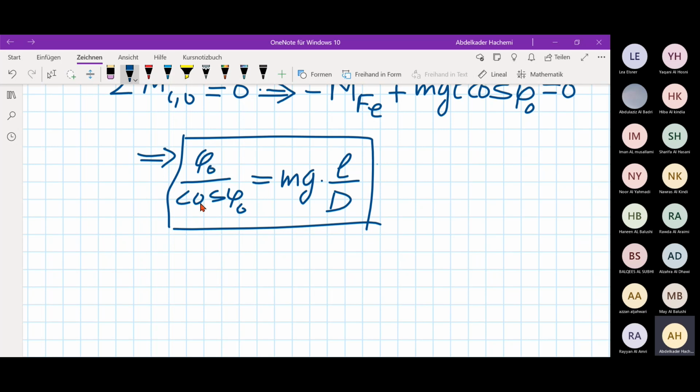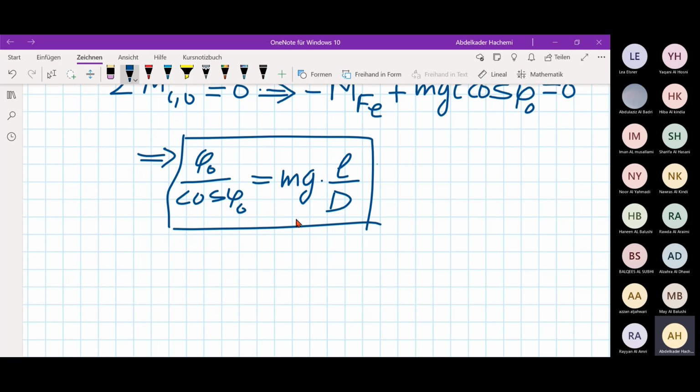Here, phi 0 and cosine phi 0 is the same variable, okay. This is a mathematical equation we need to solve to find phi 0.